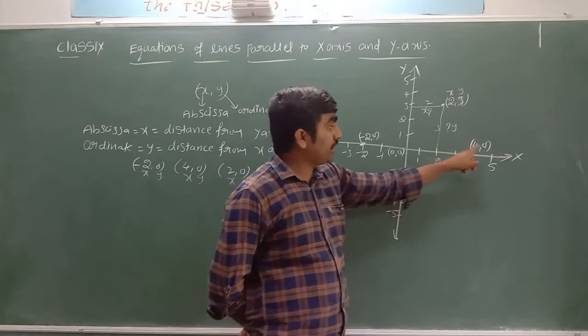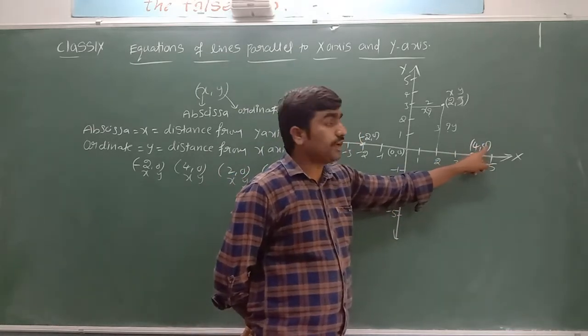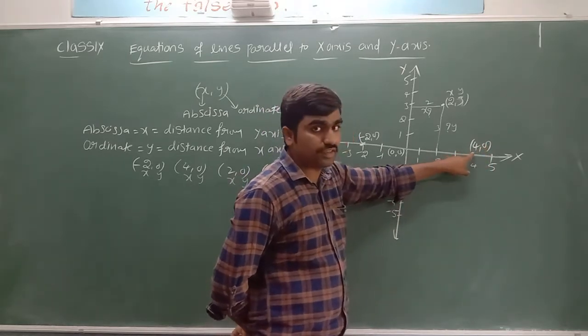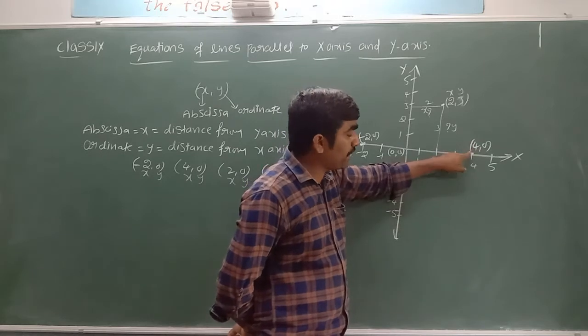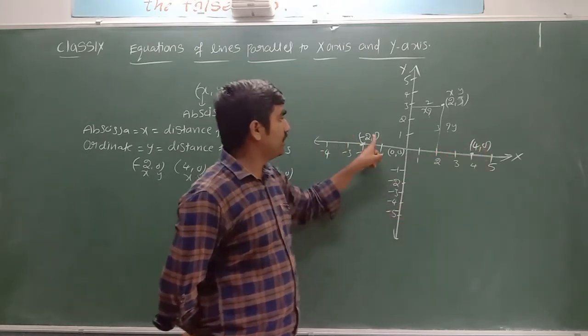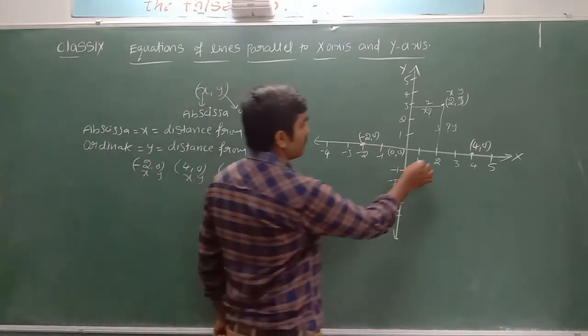Now tell me, why can we take the ordinate as 0? Ordinate is the distance from the x-axis, and that point is already on the x-axis. What is the distance from x-axis to the x-axis? No distance, so the ordinate is 0. Similarly, 2 comma 0, I can plot here.